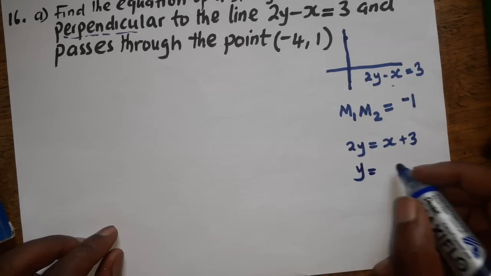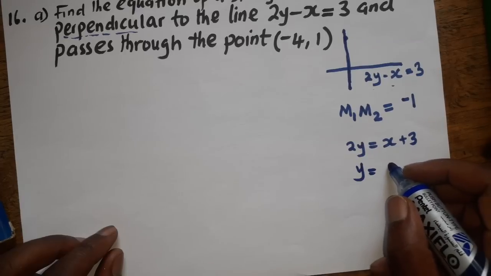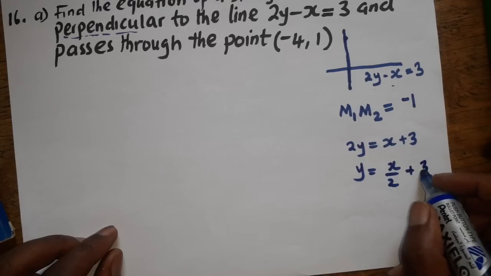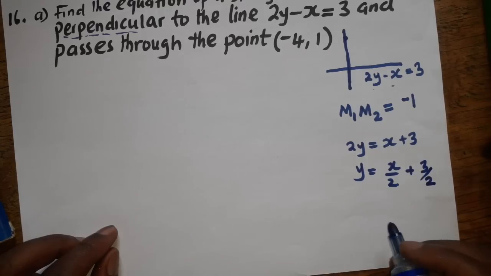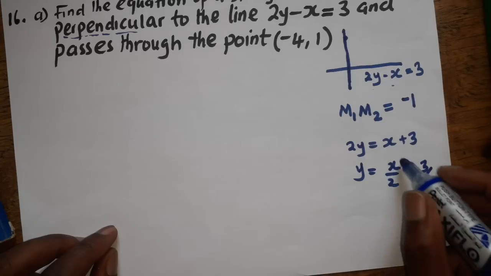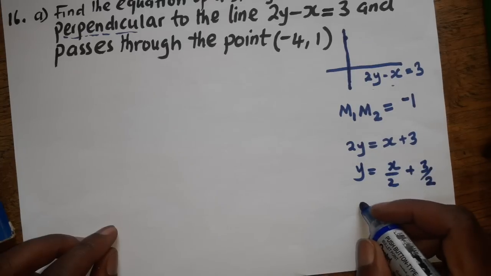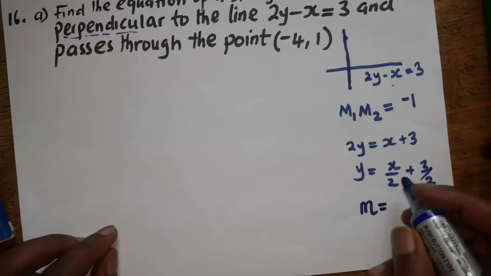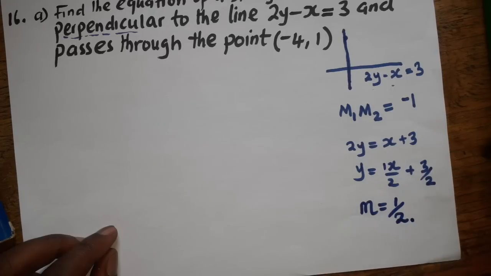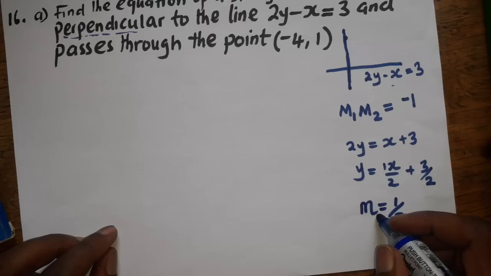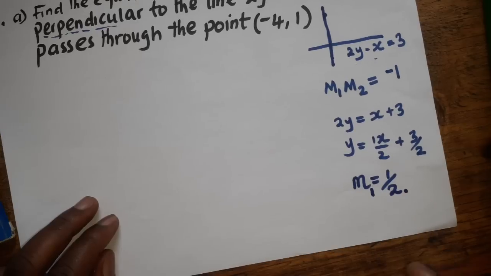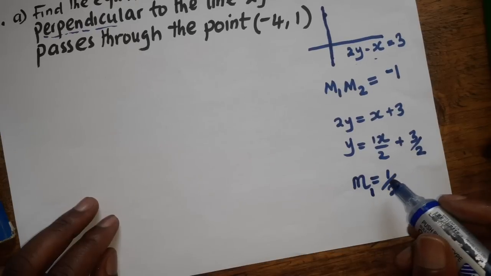So we have y equals x divided by 2 plus 3 divided by 2. At this point we get the coefficient of x as our gradient, and the coefficient of x is 1 over 2. So this is our M1.